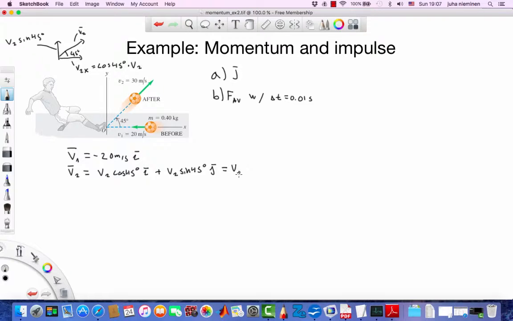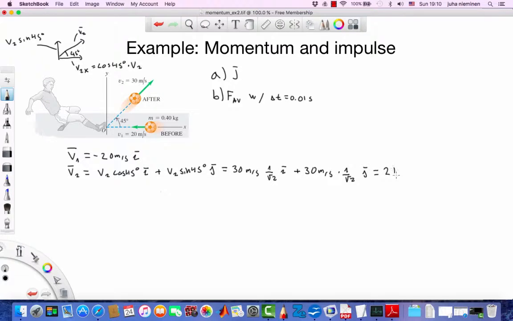And so we can write explicitly already, v2 is 30 meters per second times cosine of 45, that's 1 over square root of 2, i, plus v2 again, and the sine of 45 is also 1 over square root of 2, but this is in j direction.